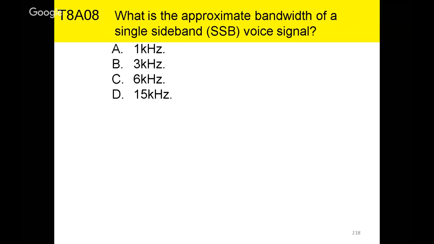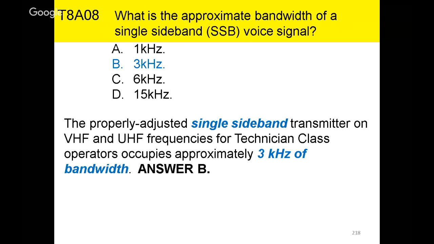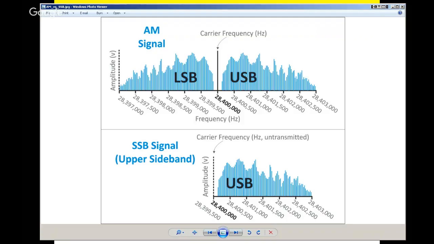The approximate bandwidth of a single sideband voice signal typically is B, or 3 kilohertz. If we go back to the other diagram that I had there, you see, again, your carrier frequency is 28.4 megahertz. In this case, it has frequency in hertz.